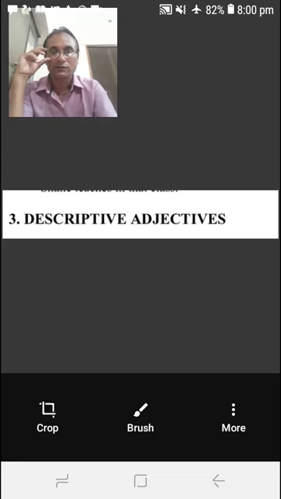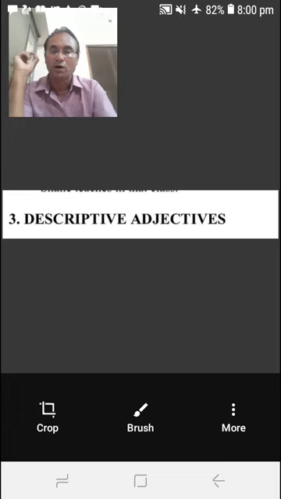Examples of descriptive adjectives are: the small puppy was found yesterday. Here, small is a descriptive word. It is used here as an adjective.